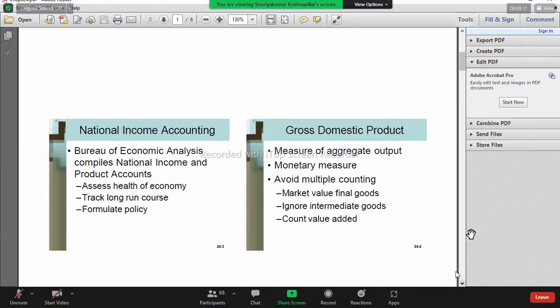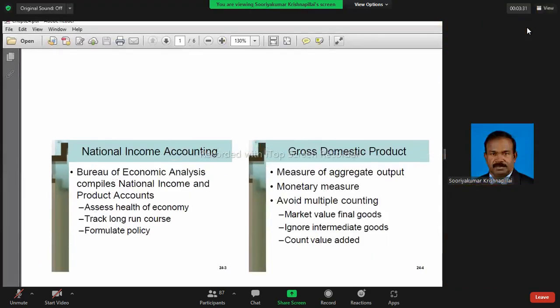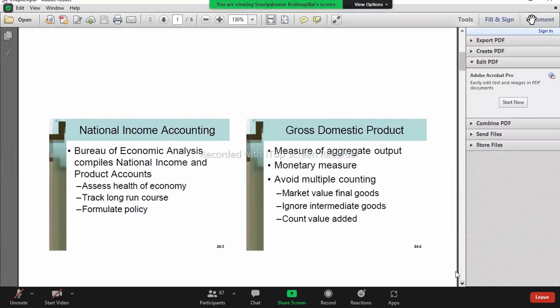This is one of the measures to see how the economy progresses in the long run, to track the long run course and to formulate policy. For this purpose, we compile the national income and product account.